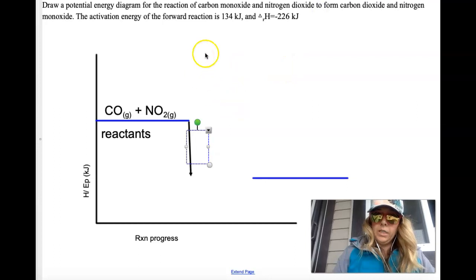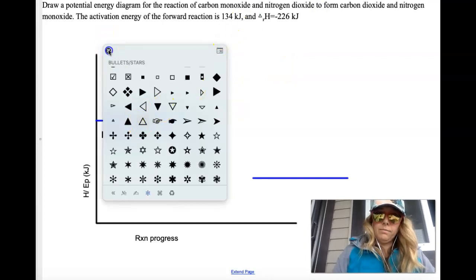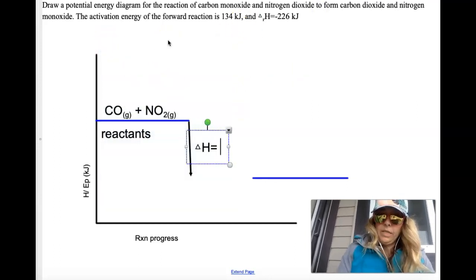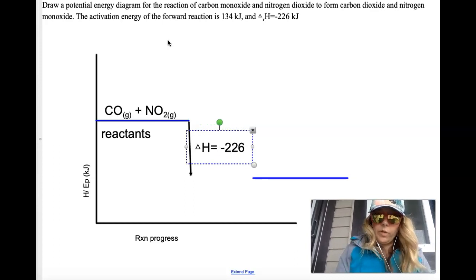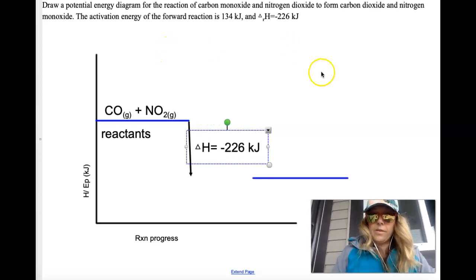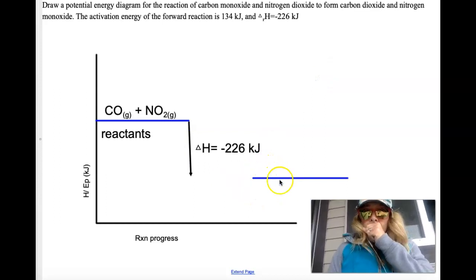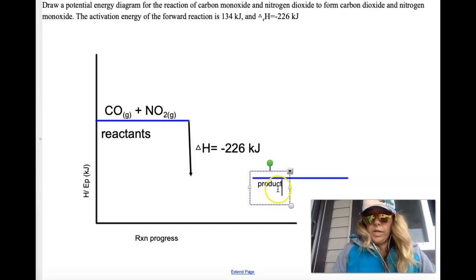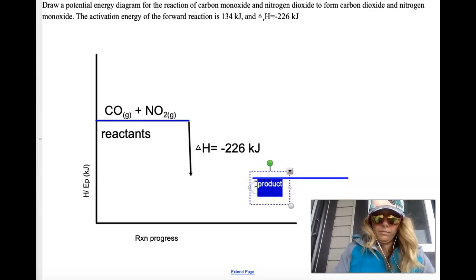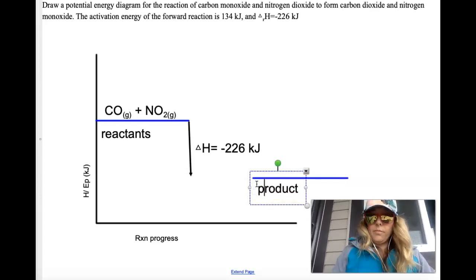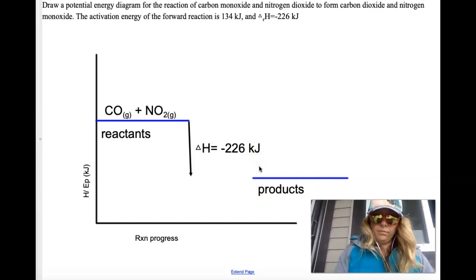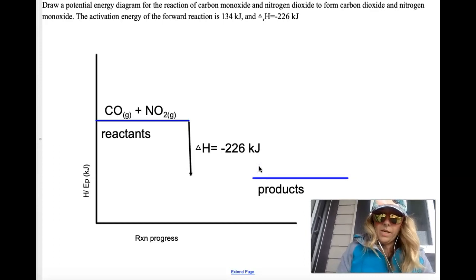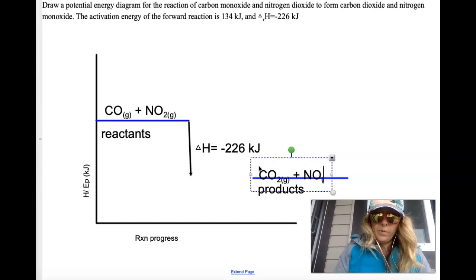So we can write in here delta H is equal to negative 226 kilojoules, because we had that. Okay, here we wrote our products line, so underneath it, we are going to write the word products. Okay, above it, we will write what they actually are. So what do we have? Carbon dioxide and nitrogen monoxide.